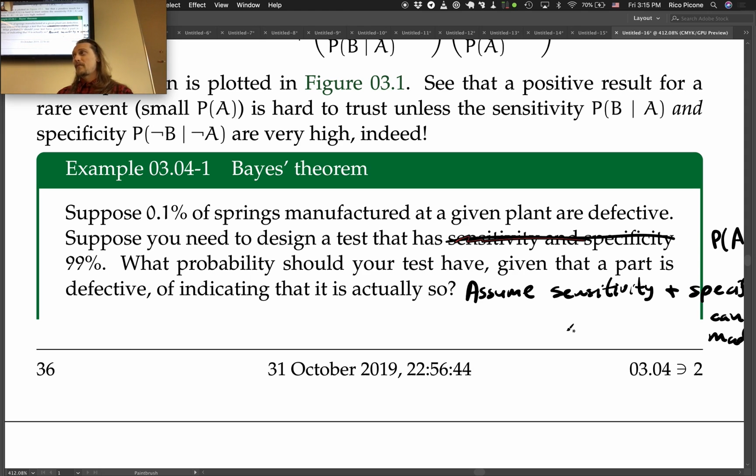And then probability of B given A would be the probability that, given that a spring is defective, the test indicates that it's defective. Okay, so that's what we're going for then. We're going for a really high probability of B given A. So a really high probability of catching a defective part. Really high sensitivity.